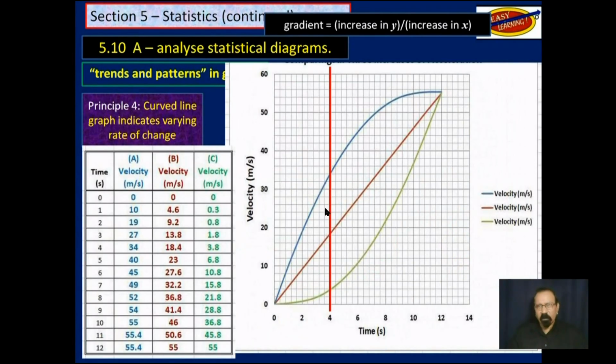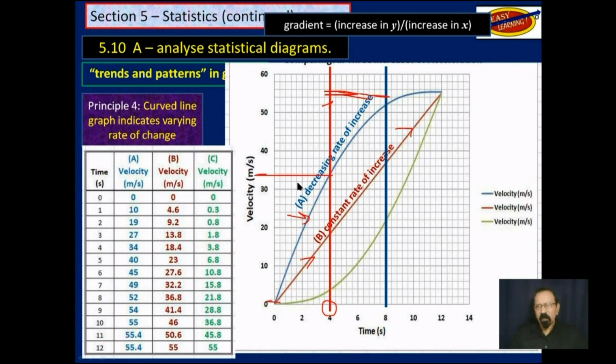We have now the three graphs together. If we were to draw two perpendiculars there, this red one and this blue one, you will notice that if we were to go along this brown line, the rate of change remains the same throughout. However, if you consider this blue line up here, you will notice that in the first 4 seconds, you had a lot of change, all of that.